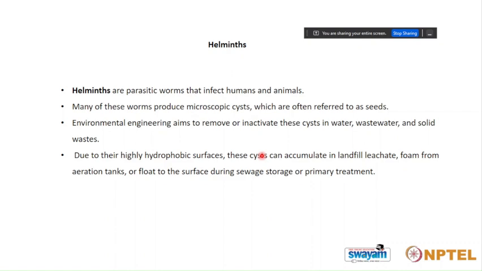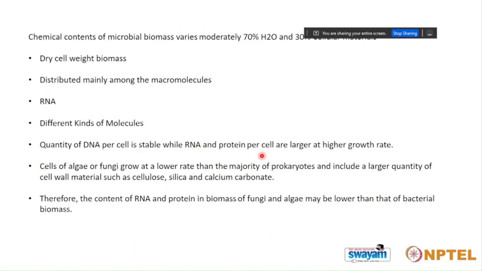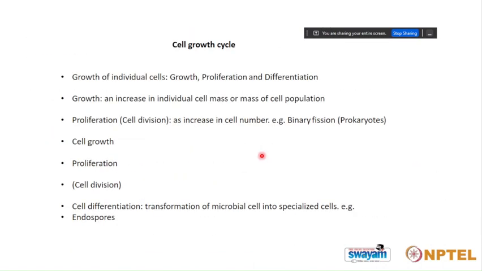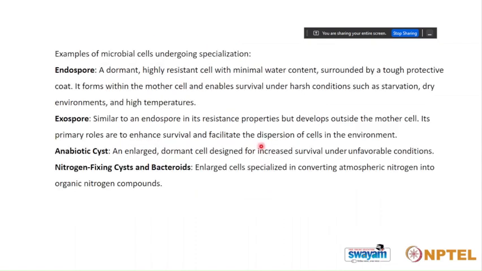And in the case of exospores, the spores will be produced outside the mother cell, and when the conditions are favorable, the progenies will be released from the exospores. The only difference is where the spores are present. If it is present within the mother cell, we call that an endospore, and if it is present outside, we call that an exospore. Structurally, endospore and exospore are similar.